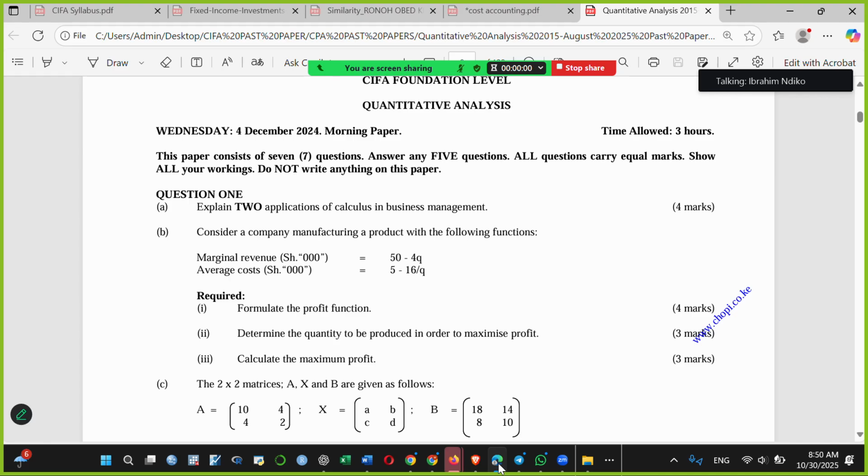We've also been given average cost, which is 5 minus 16 over Q. We are required to formulate the profit function, then the quantity that maximizes profit, then the maximum profit.